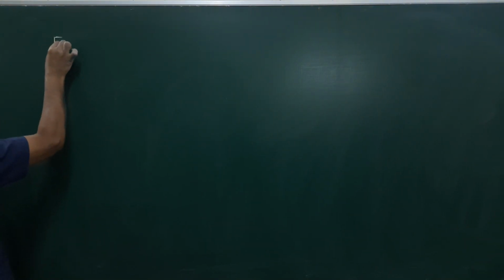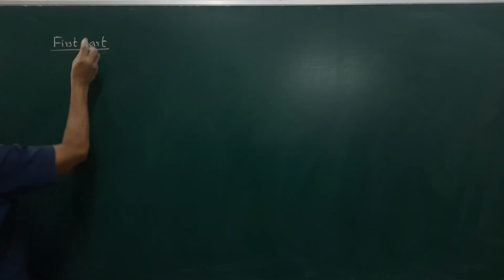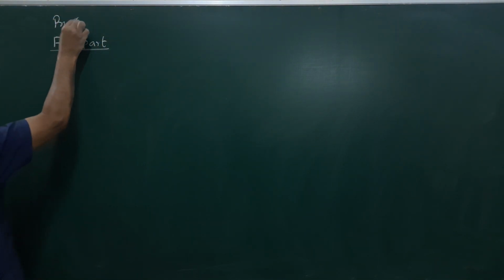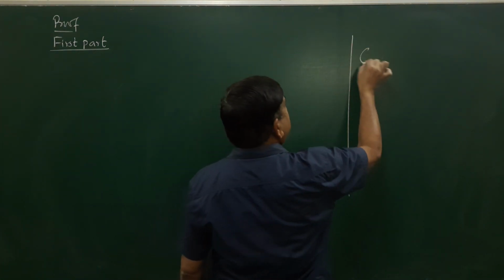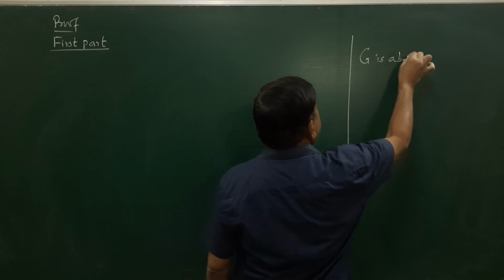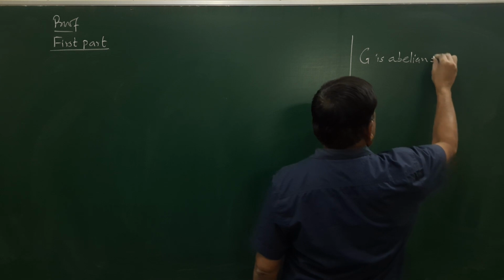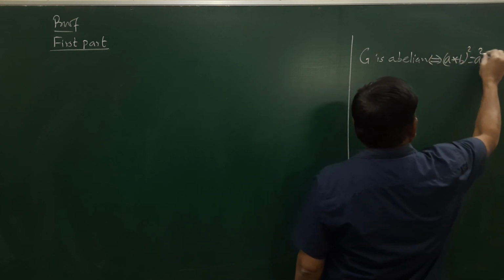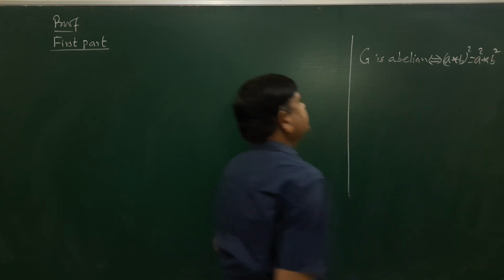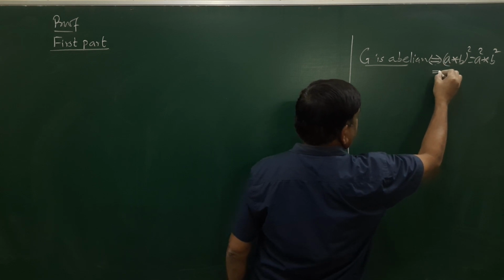First part: G is abelian if and only if (a star b) whole square equals a square star b square. First I consider this side.